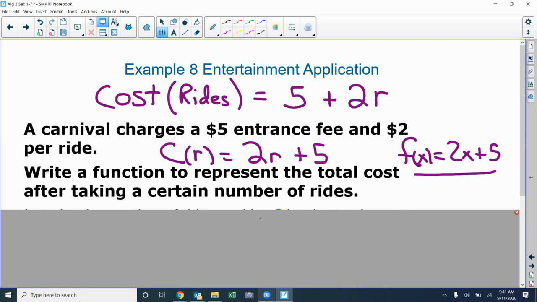What is our independent variable? What's the input? Independent variable here is rides. So cost depends on how many rides I take, right? Makes sense. How's everybody feel about that?